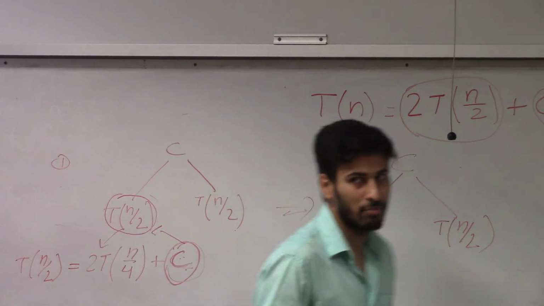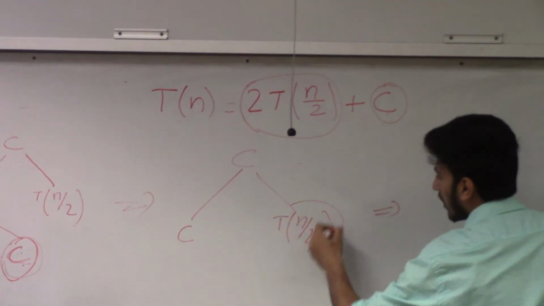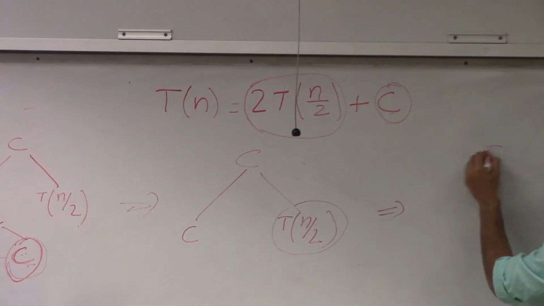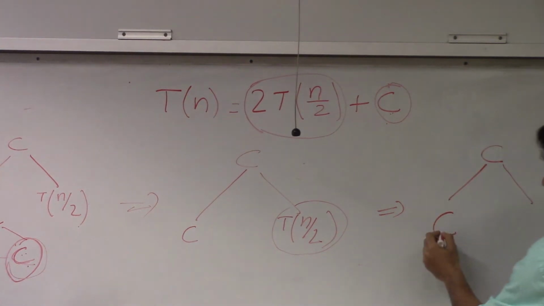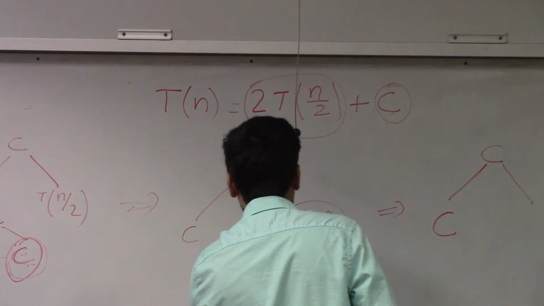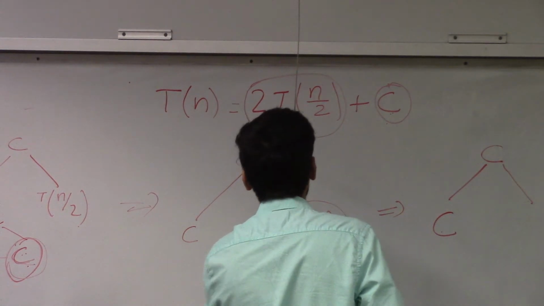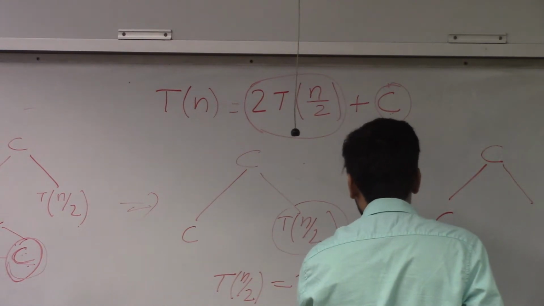I'm doing it step by step. Another one, the same thing we have to do. C, we have constant work, then we have constant work, so we will write this for T of n equal to the same equation, T of n upon 4.